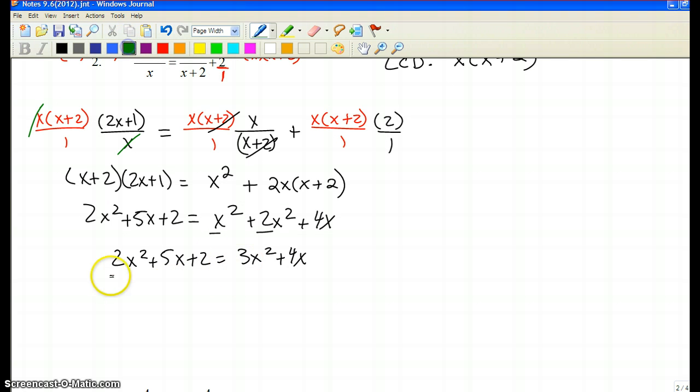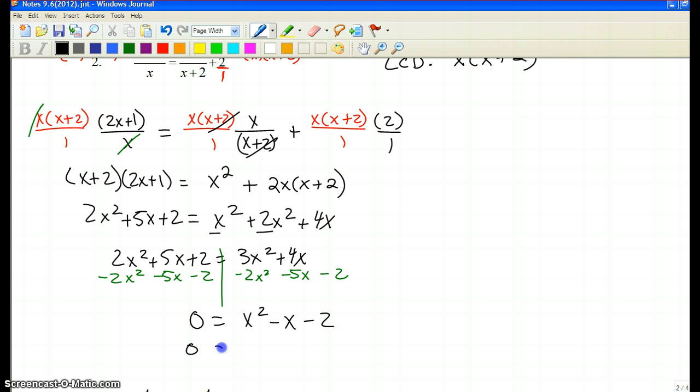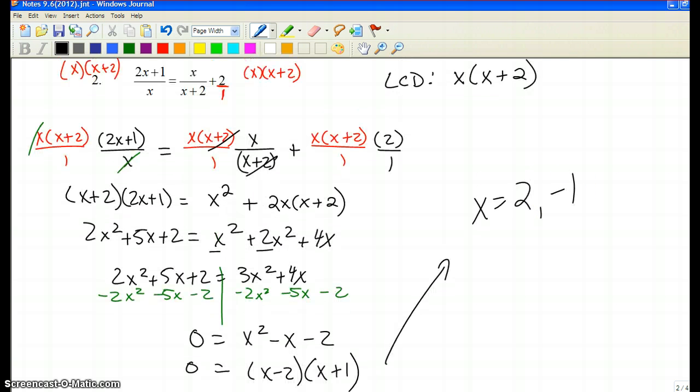And I'm going to subtract them all and put them on the right hand side. Zero equals x squared minus x minus 2. And that is factorable as x minus 2, x plus 1. And that gives us two solutions. You get x is 2 and x is negative 1.